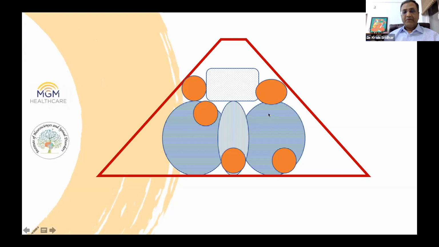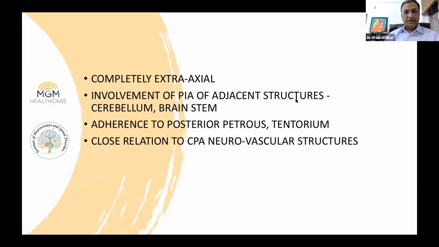Now, these are very important points because this creates problems when you operate on these CP angle hemangioblastomas. So, like I said, they may be completely extra-axial or they may have involvement of the pia of the adjacent structures. Adherence to the posterior petrous and tentorium has also been seen in these patients.